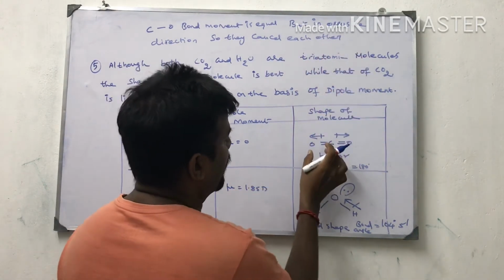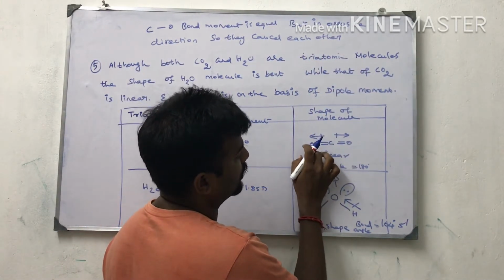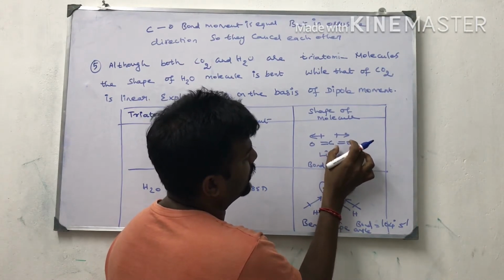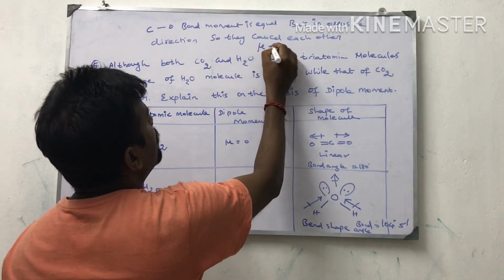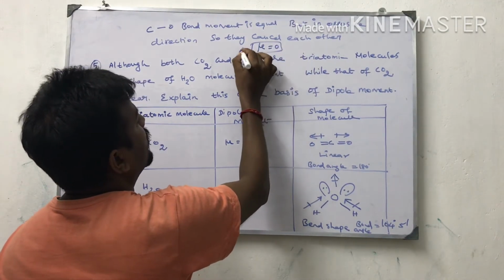Whatever value you get from this carbon and this oxygen is cancelled by the value from the other carbon and oxygen. Therefore mu is equal to 0 in this case.